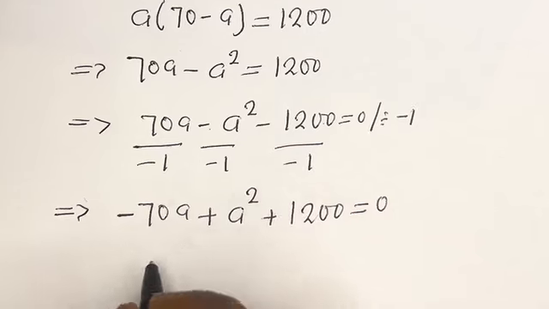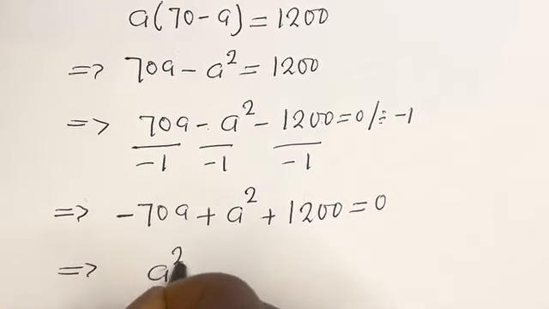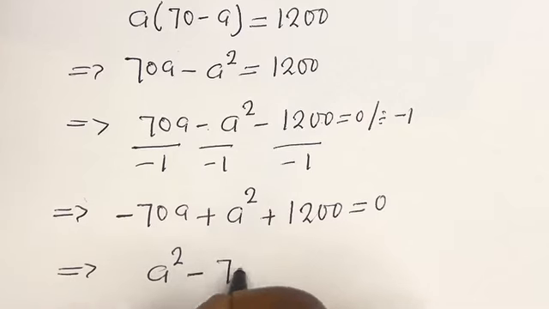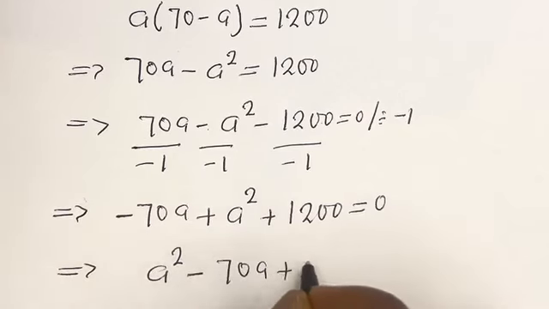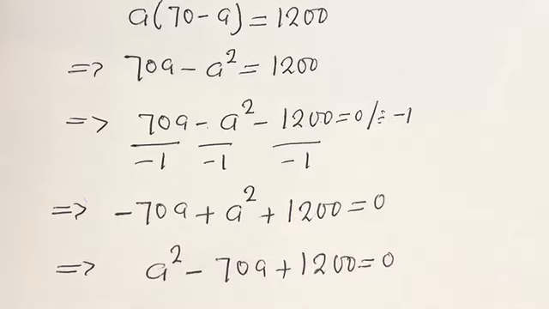Let us put everything in standard form. Then this is A square minus 70A plus 1200 is equal to 0.